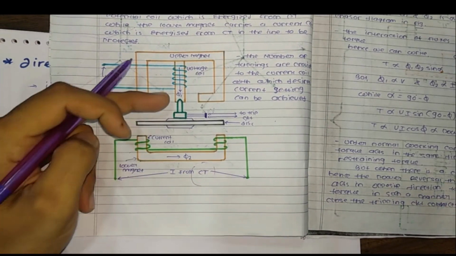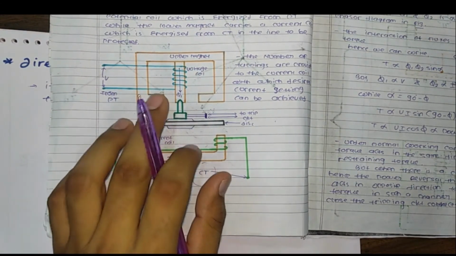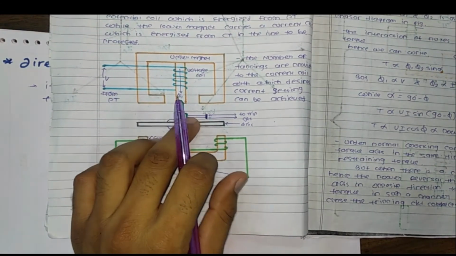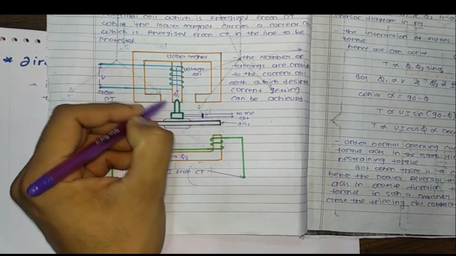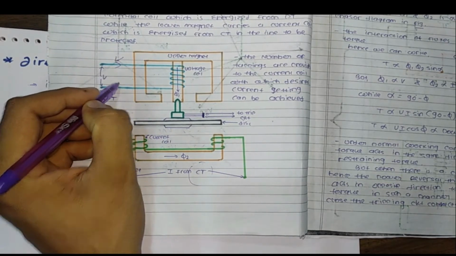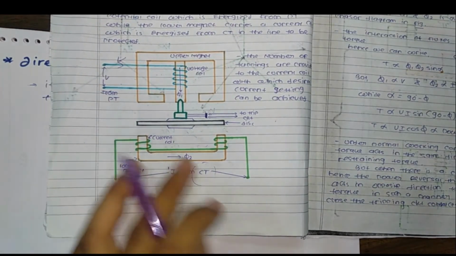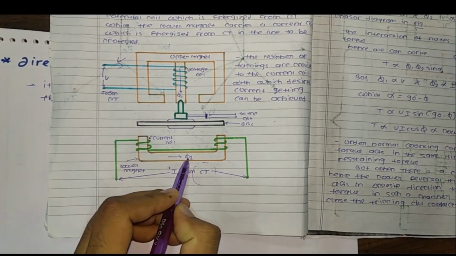So the voltage coil is provided on the upper magnet that produces the flux phi1. This lags the voltage V by 90 degree. So this flux phi1 will lag the applied voltage V by 90 degree, and the current I is sensed by the current coil on lower magnet which produces the flux phi2.